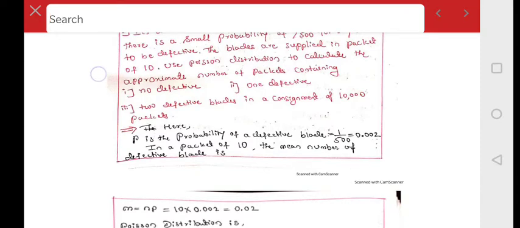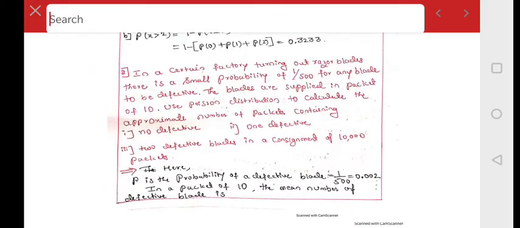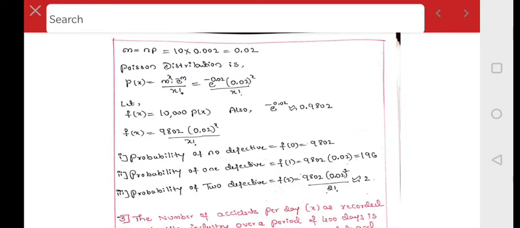As a solution, if p is the probability of a defective blade, that means 1 upon 500, which is 0.002. In a packet of 10, the mean number of defective blades, mu or m, is equal to np, which is nothing but 10 into 0.002, which is 0.02.